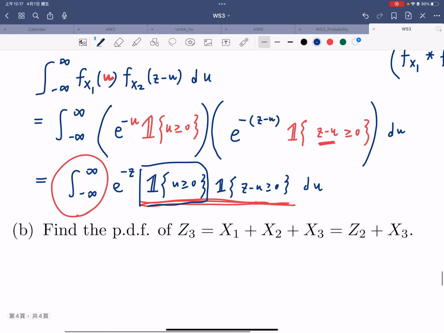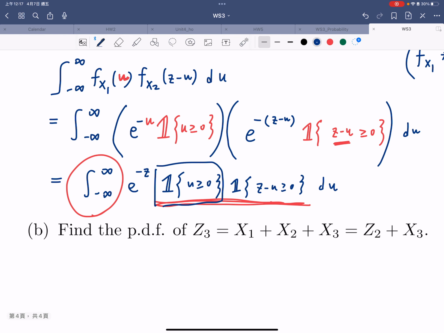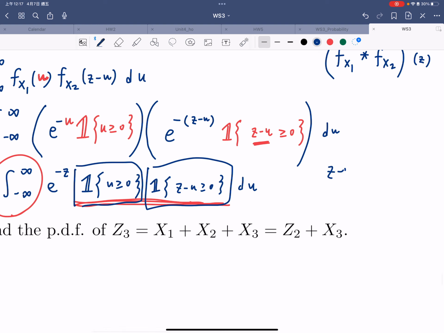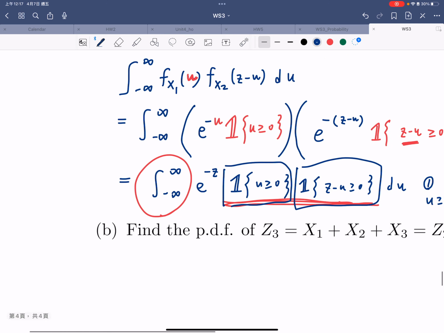So the domain needs to be greater than 0. In the second indicator function, you need z minus u greater than 0, which means u is smaller than z, right? So 1, u is greater than 0. 2, u is smaller than z. So this function is from 0 to z, du.